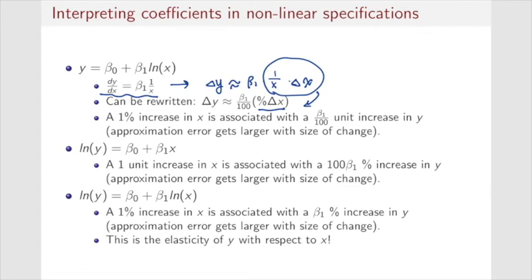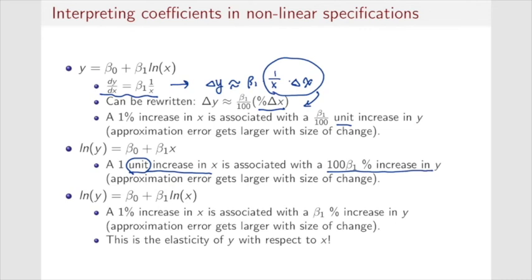So the interpretation of coefficients in this linear-log model is that a 1% increase in x is associated with a beta 1 over 100 unit increase in y. Another example is the log-linear model. It's the same, just flip the x and y. In this case, a 1 unit increase in x is associated with a 100 times beta 1 percent increase in y.